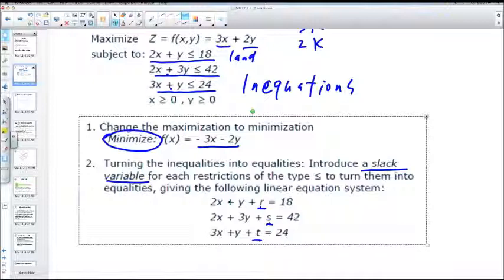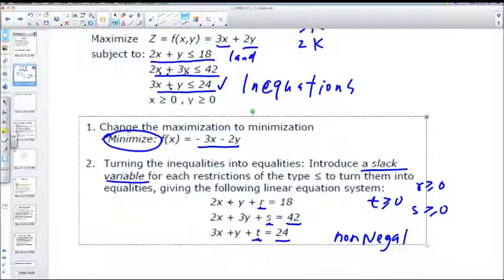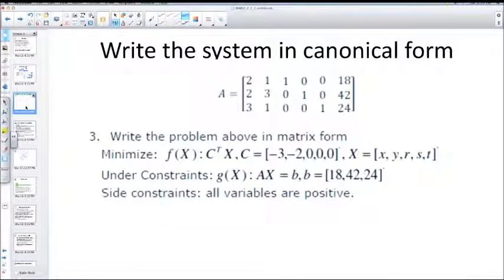You add the positive number to equal 42, that means the second is less than 42, and add T to equal 24, that's the same as saying less than or equal to 24. So the bottom line about the 3 slack variables R, S, and T is that they are non-negative. Actually, because this is a real-world application, everything, including x and y, is positive. That's the second step.